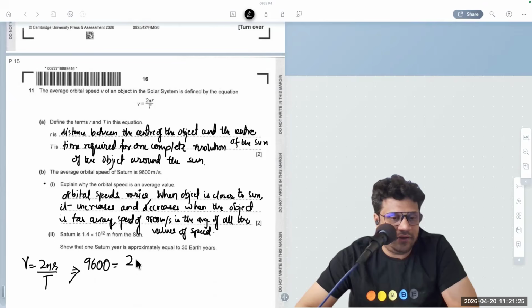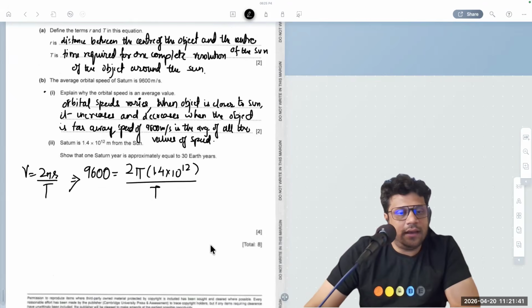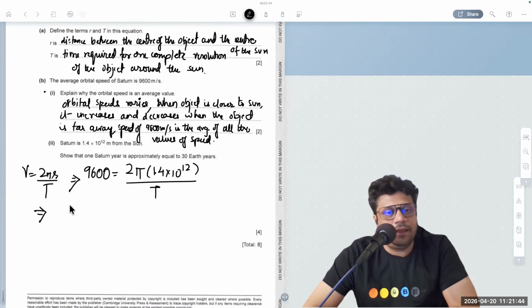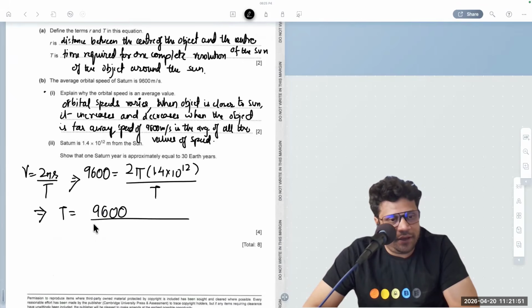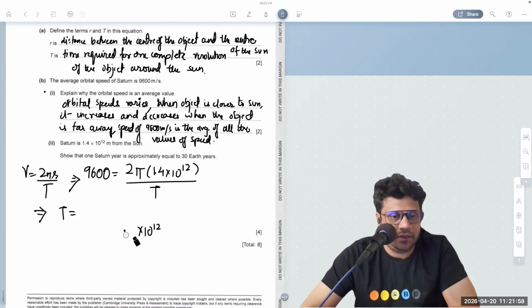So 9600 equals 2 pi into 1.4 into 10 to the power of 12, that is the distance from the sun, divided by t. Now t comes out to be, let's see, 9600 divided by... hey, no, I'm doing it the wrong way.